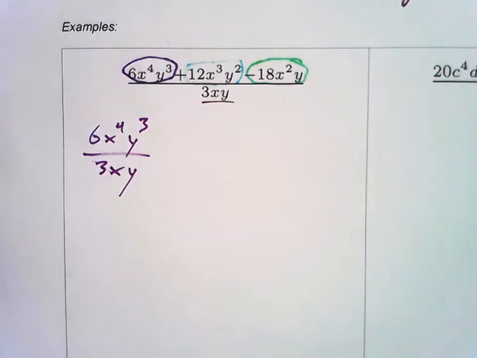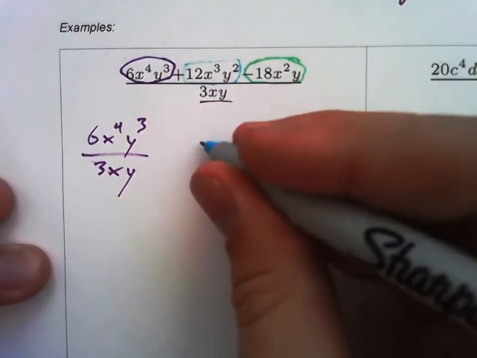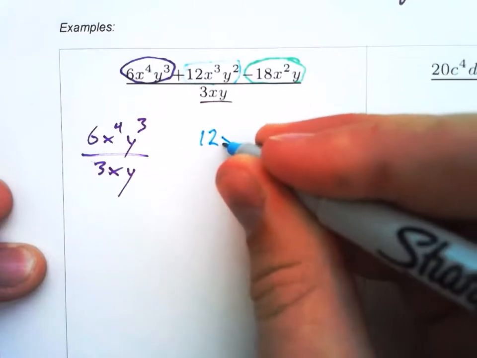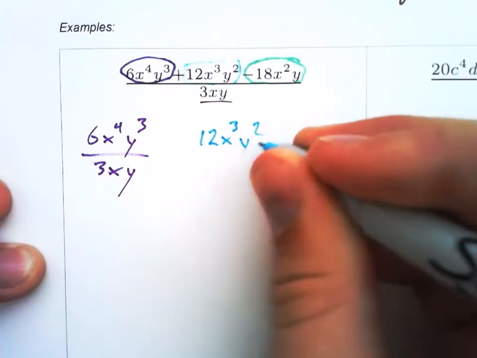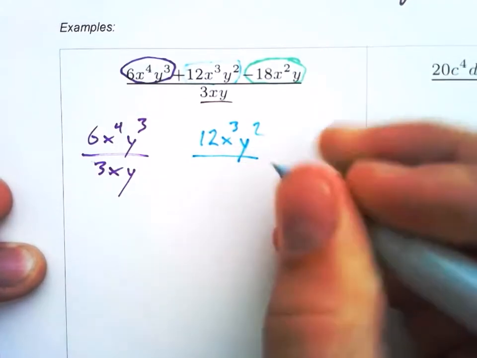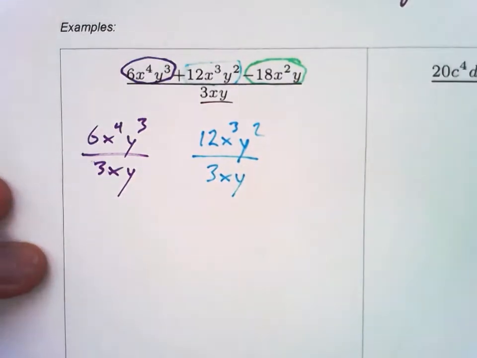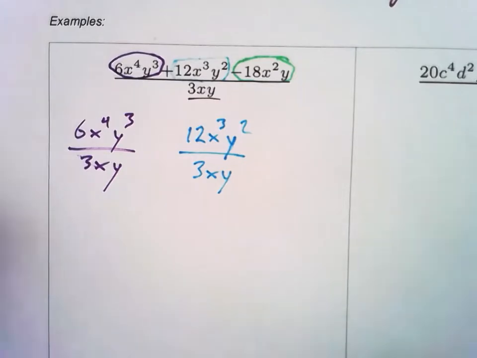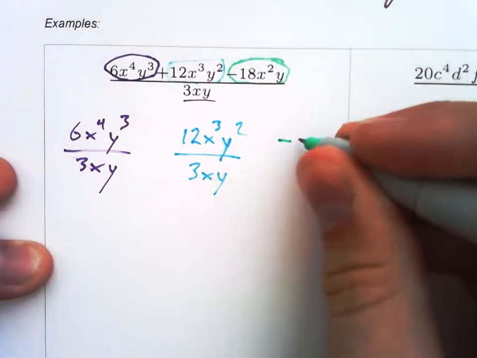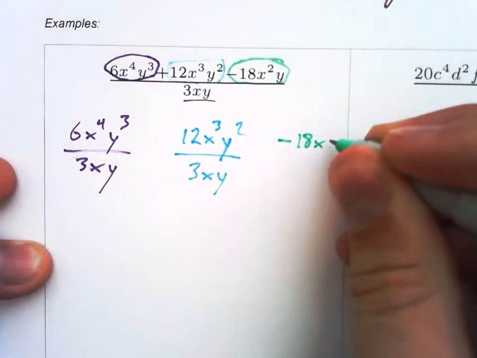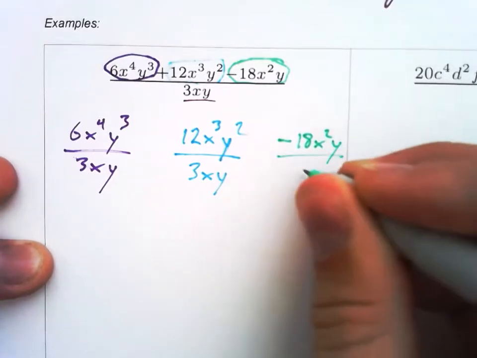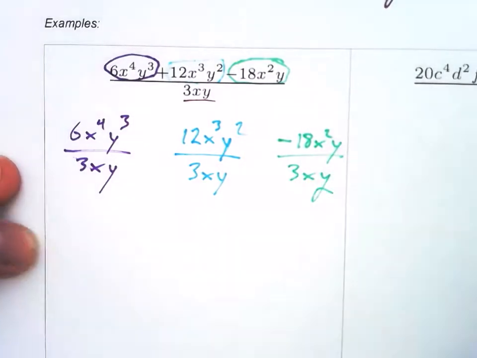That's the first one. Then we've got the second one, 12x cubed y squared over 3xy. Okay, and the last one, minus 18x squared y over 3xy.